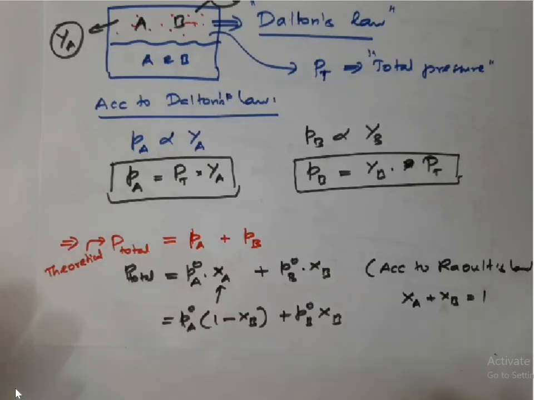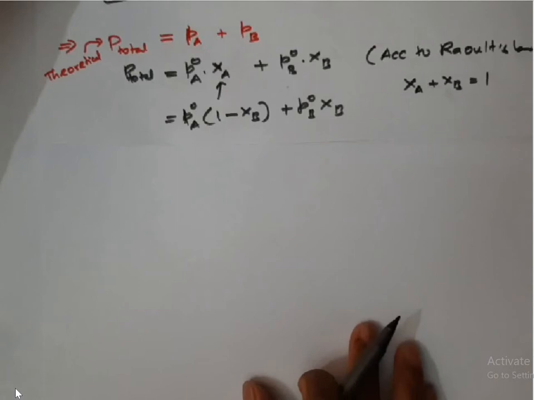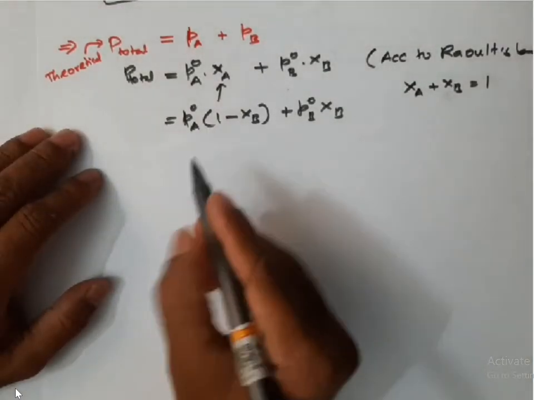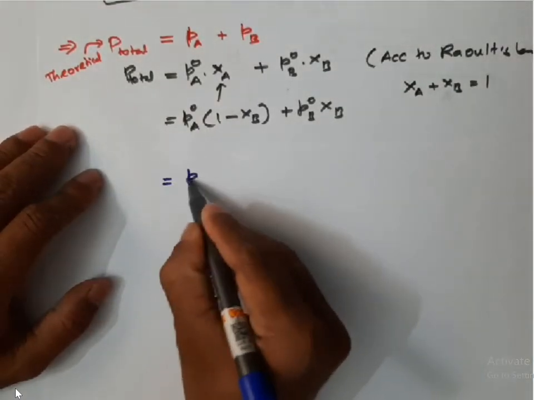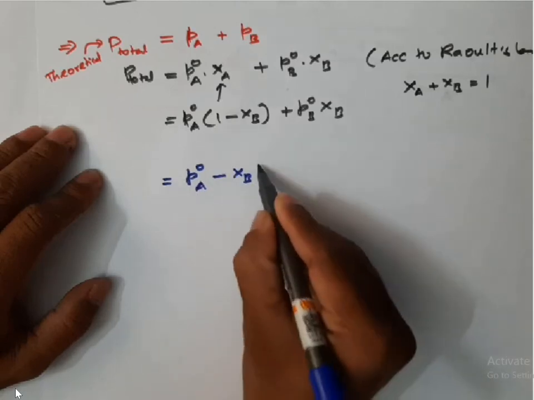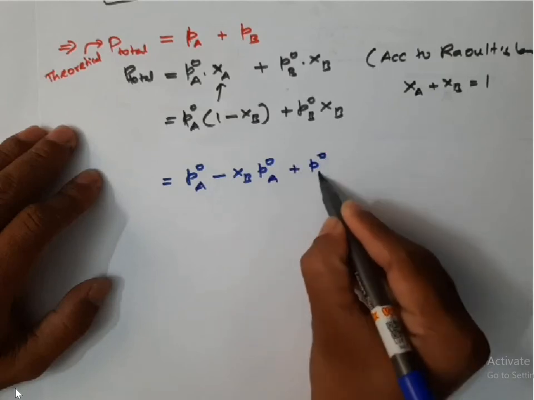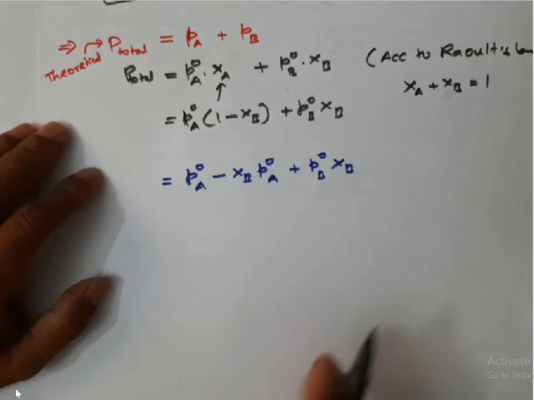Okay, let me write the next page. So what I'm going to do, I'll multiply with the P naught A. So you'll get P naught A minus XB into P naught A plus P naught B into XB.